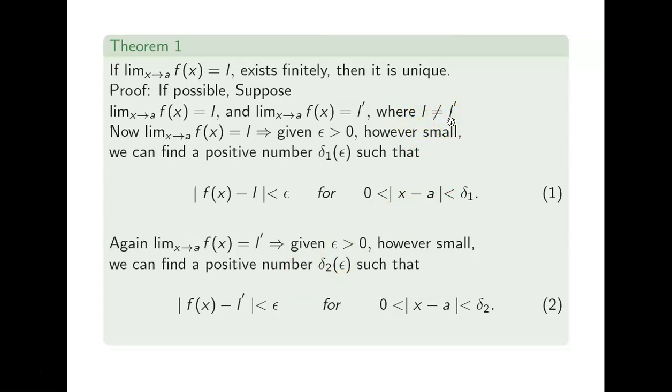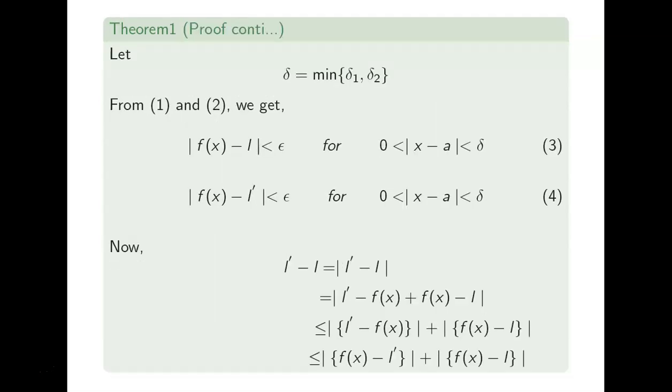When we are saying that these are two limit values, L and L', which are not equal, that means either L is greater than L' or L' is greater than L. In both cases, we can write |L' - L| as equal to the modulus of L' - L.